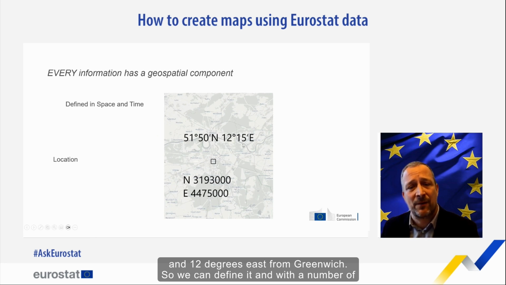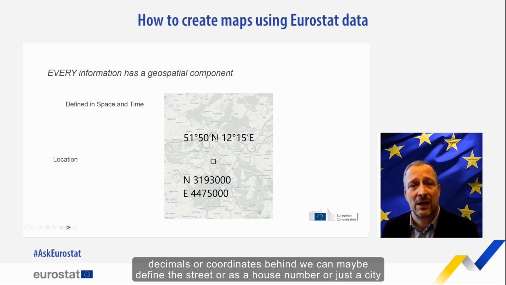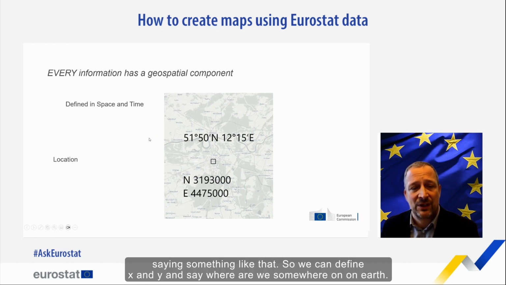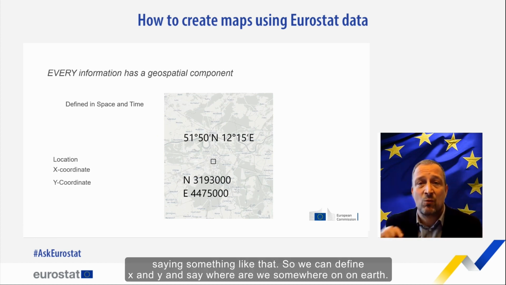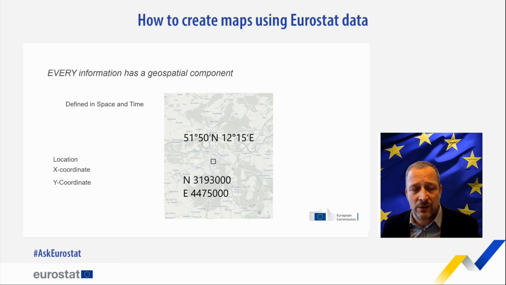So we can define it, and with a number of decimals or coordinates behind, we can maybe define the street or a house number or just the city. So we can define X and Y and say where we are somewhere on Earth.